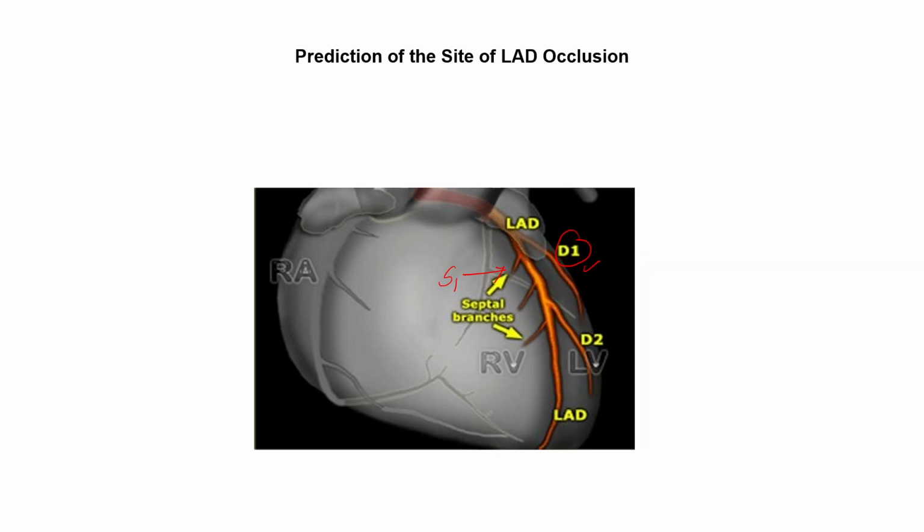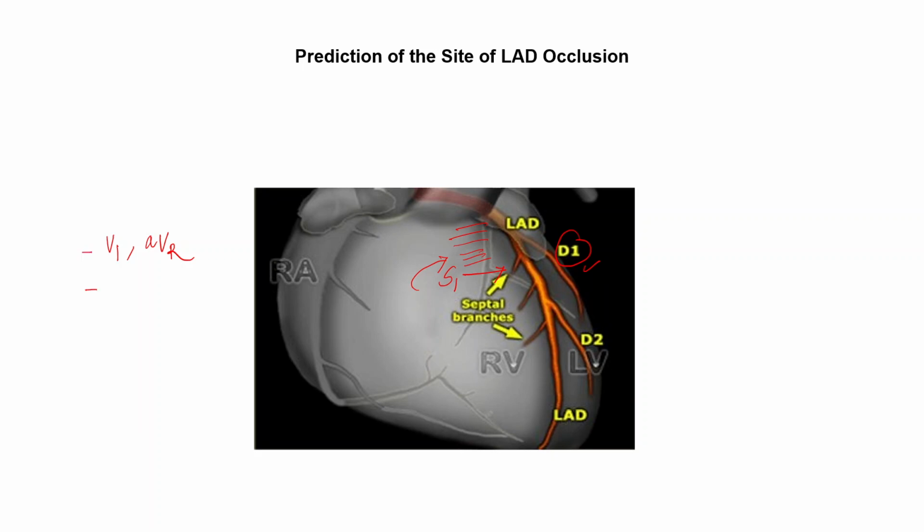If there is occlusion above S1, remember this part. If this part is affected, then you will find ECG changes like those of a septal MI. So you will get ST elevation in V1 and aVR.